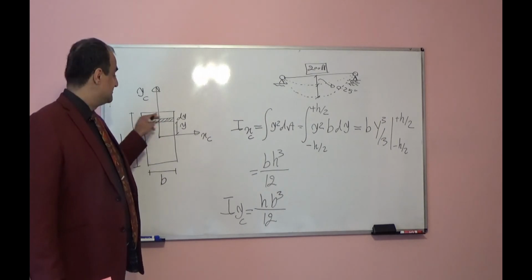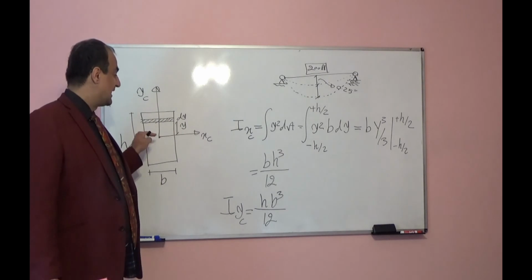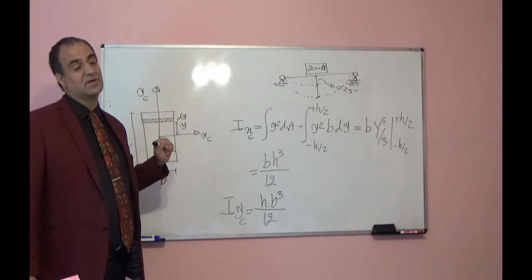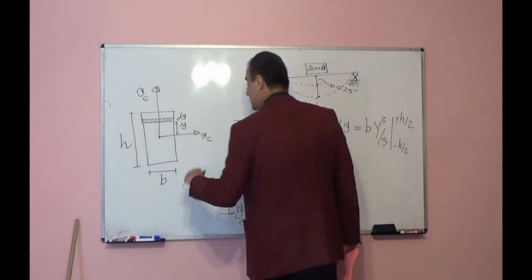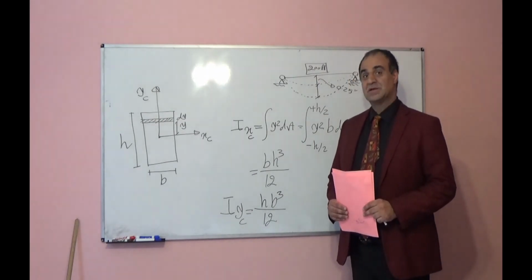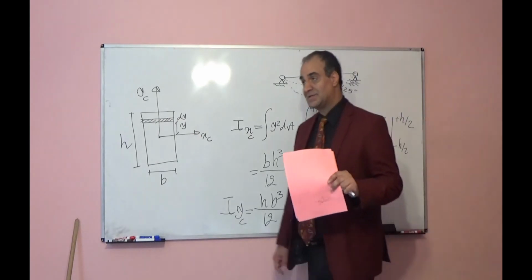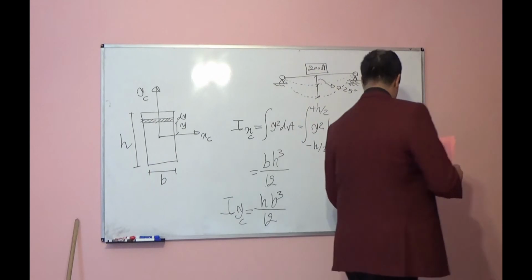If this beam or this cross section bends with respect to an axis that passes through the centroid, that is the right moment of inertia. But if we want to calculate with respect to another axis, we should modify that. We should transform that. How will we modify it? In order to modify that, we should integrate like this, or we can use another formula.